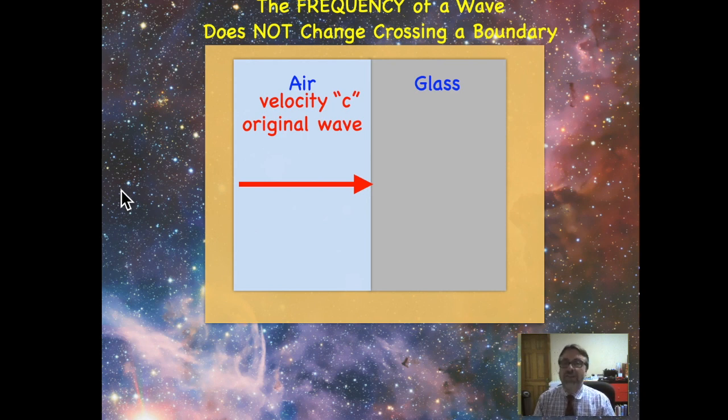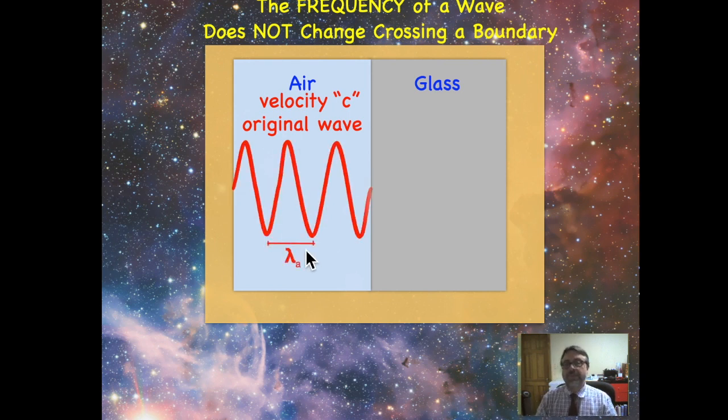So here we have our light ray traveling from air to glass with a velocity of c. Now let's replace this ray with an actual wave. And here I've replaced the ray with a drawing of the wave as it travels from air striking the glass boundary.